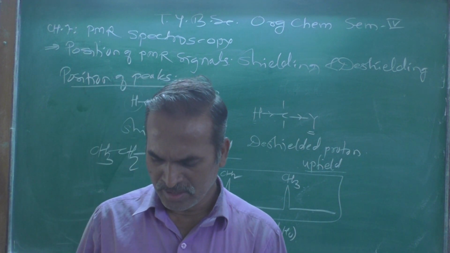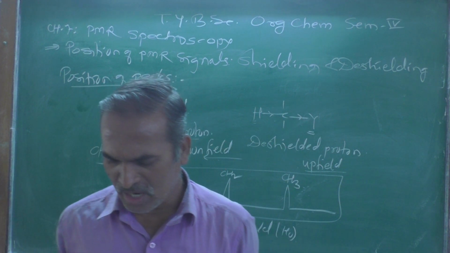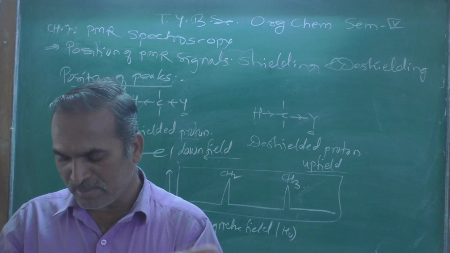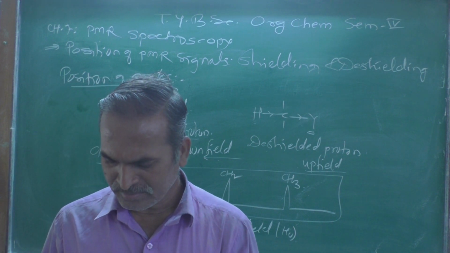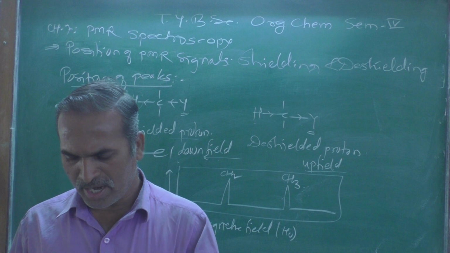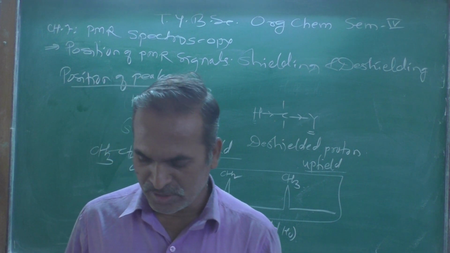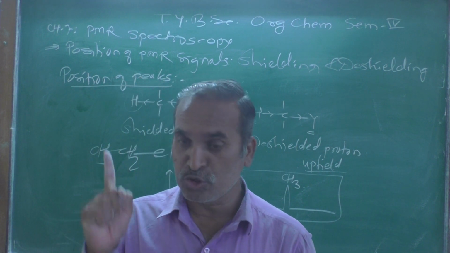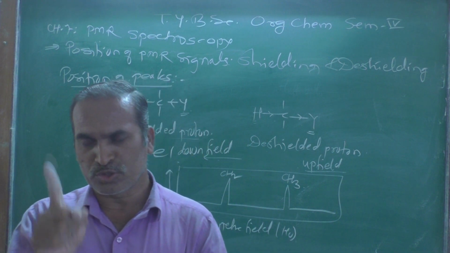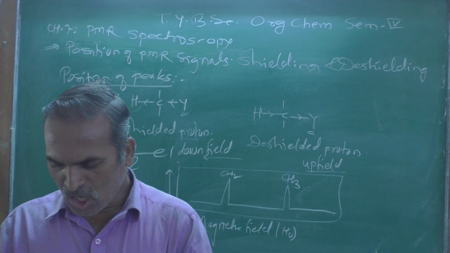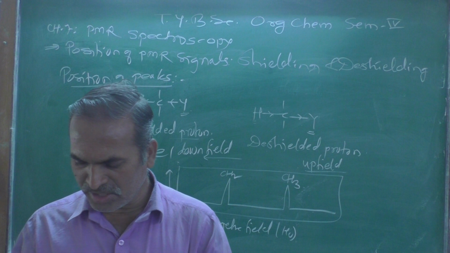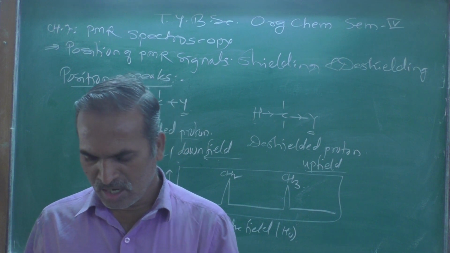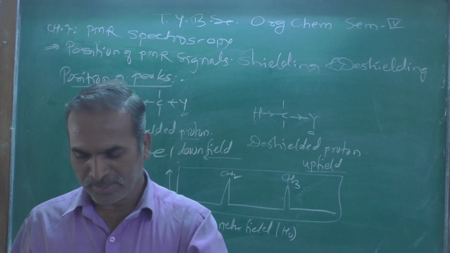Both the methylene protons are in the same chemical environment and therefore absorb at the same magnetic field. That is, they produce one peak. All the three methyl protons also produce one peak.